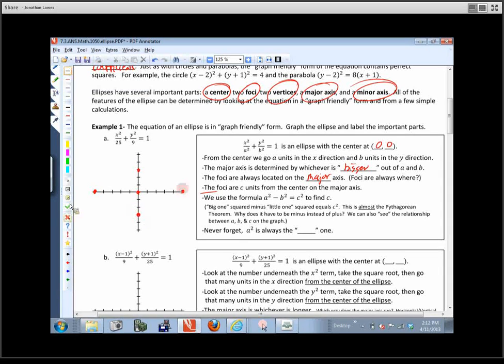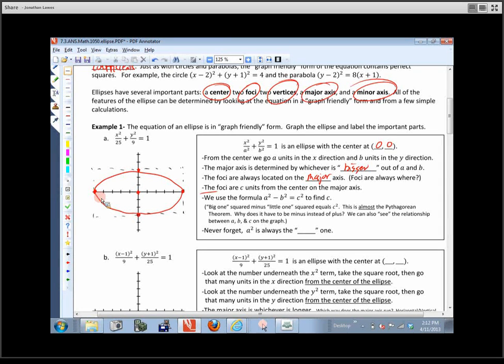Okay, now it can sometimes be difficult to draw these, so sometimes what I'll do, you don't have to do this, but this can be helpful, especially in the long run. Sometimes I like to put a little box around this, and then I say, okay, my ellipse looks something like this. These lines can kind of help you draw an accurate ellipse. Okay, mine looks like a cross between a potato, a football, and an egg, but there we go.